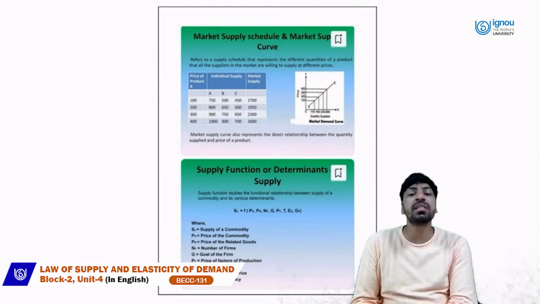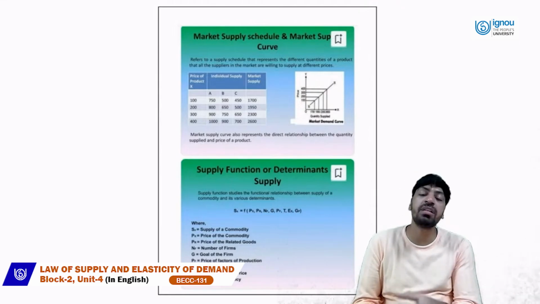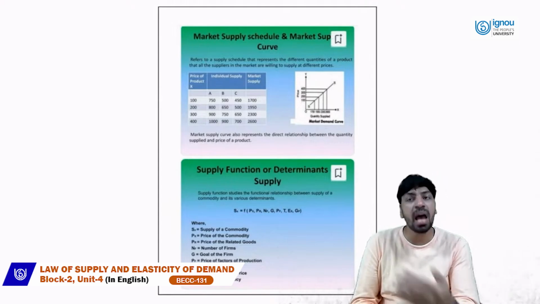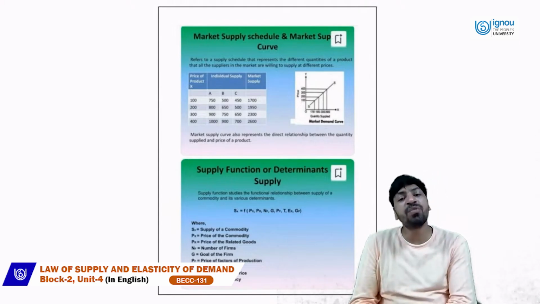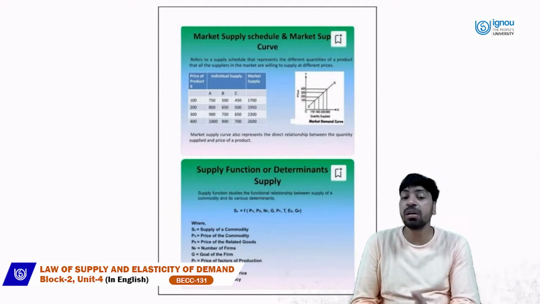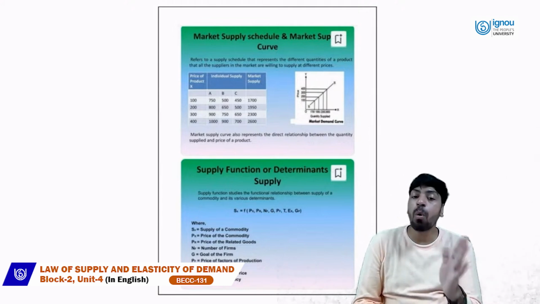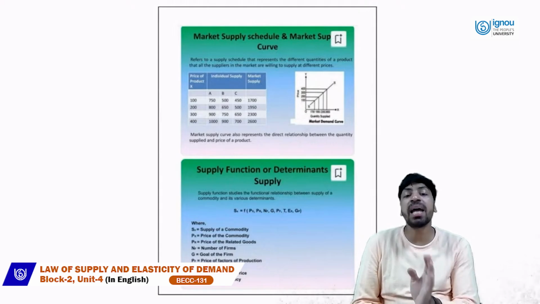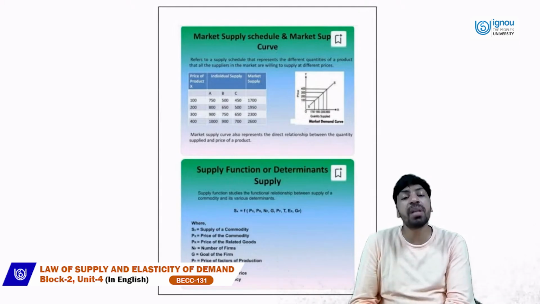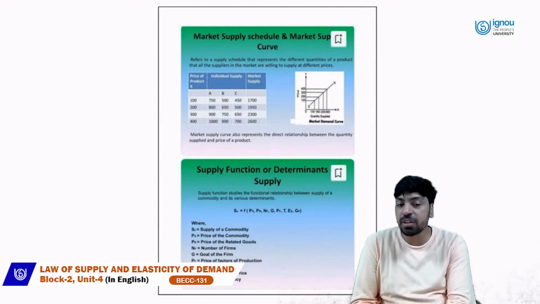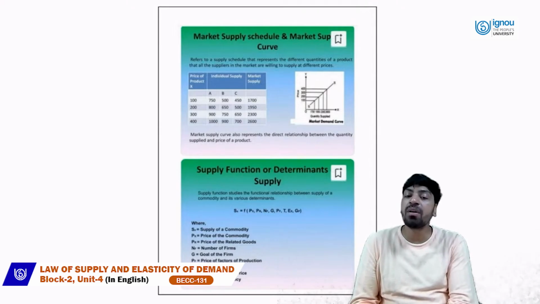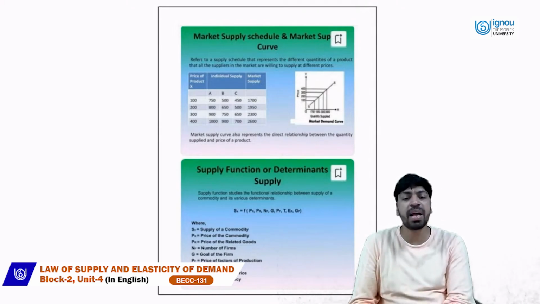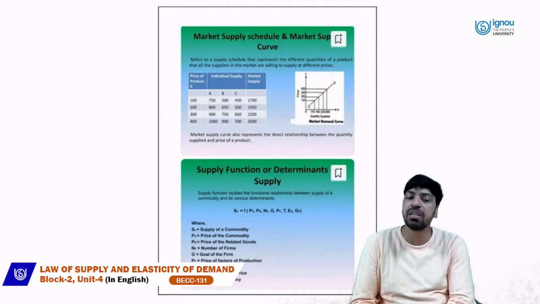The supply function studies or represents the functional relationship between the supply of a commodity and its various determinants. So the quantity supplied is a function of the price of a commodity, the price of related goods, number of firms, technology, goal of the firm, price of the factors of production, expected future price, and government policy.